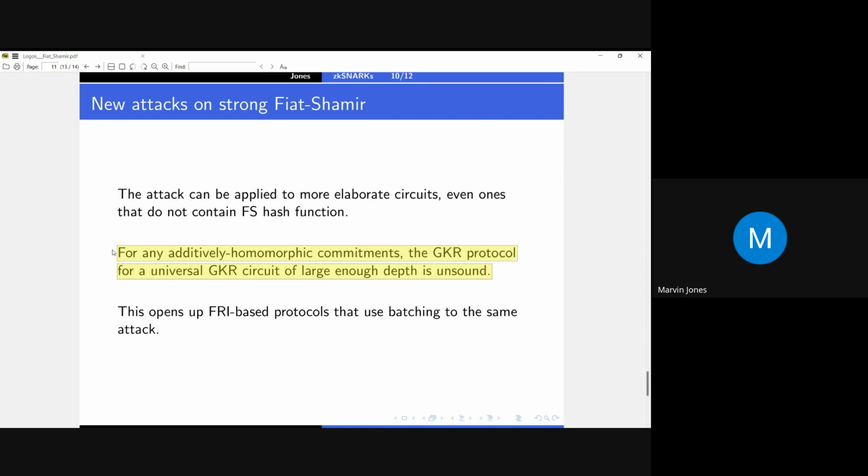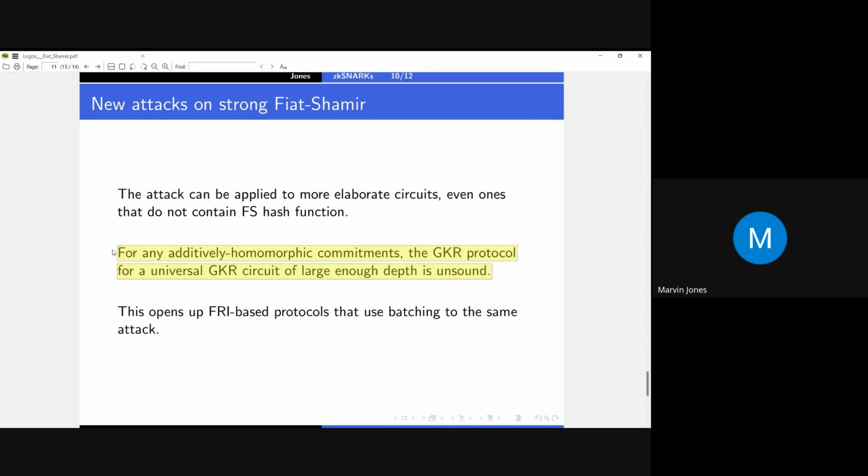Now, additively homomorphic refers to both the versions that we all think about in terms of elliptic curve commitments or Pedersen commitments. It also refers to some of the newer lattice-based ones that are additively homomorphic as well.